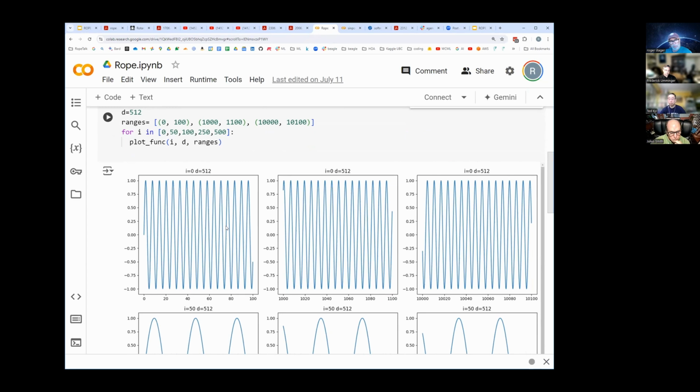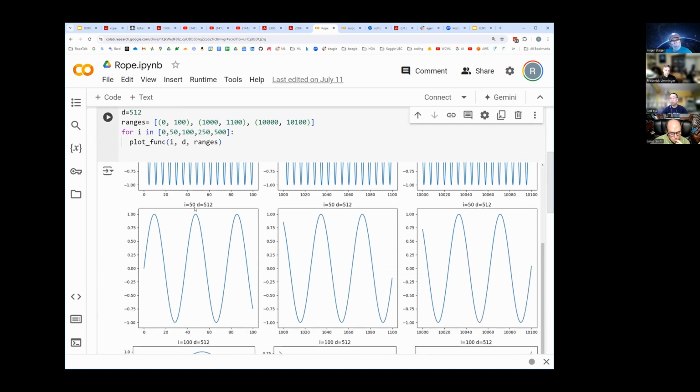So that's horizontally what these three represent. And then looking at out of the 512 dimensions, the first dimension is this one, as you said, a very high frequency type of thing. And it doesn't change much from the beginning to the end, except if you look closely, you can see there's a phase difference here. These aren't all coming in at exactly the same time on where the windows start.